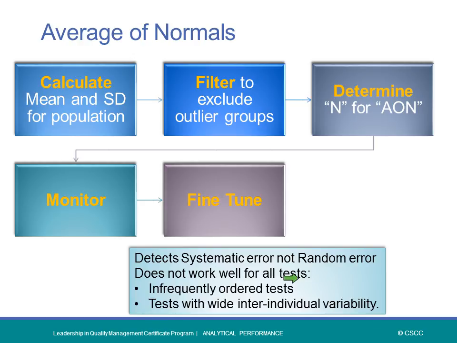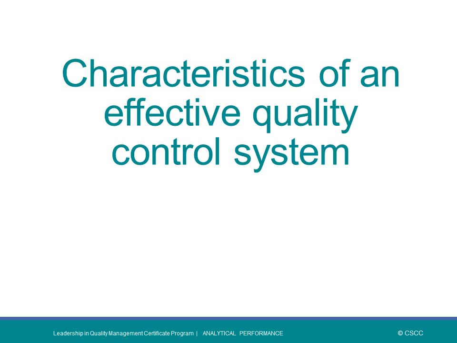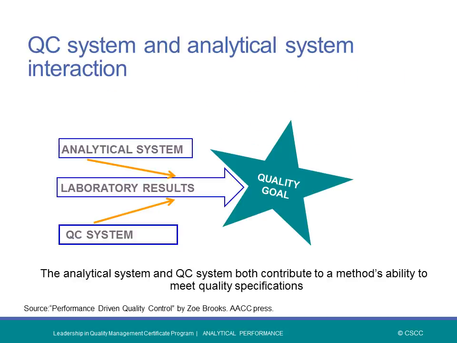Okay, so the final section I want to talk to you about now is putting together all of these things into a good quality control system. And of course, there's two aspects to providing good results, and quality, of course, needs to be defined in that product that's acted upon in the hands of a physician or healthcare worker.